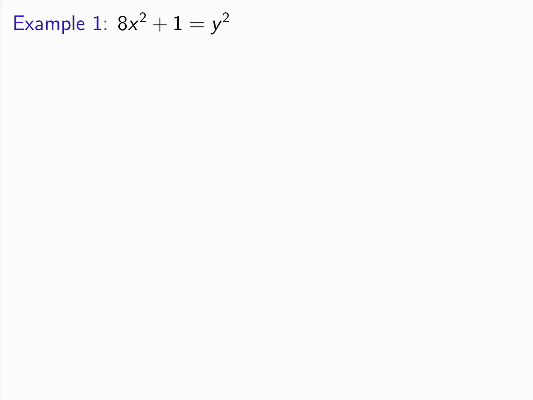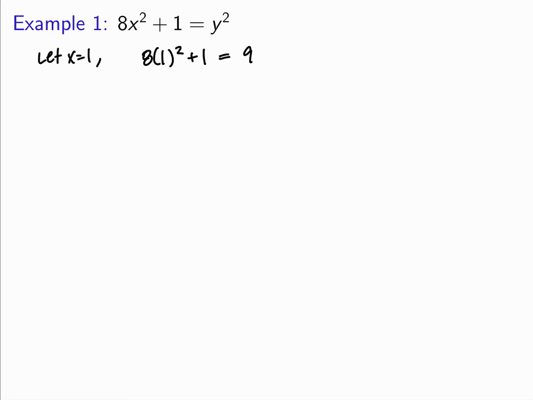All right, so let's start with this first one, 8x squared plus 1 equals y squared. This one, it's not too bad to just find a solution to start. If I let x equal 1, then we have 8 times 1 squared plus 1 equals, well, that's a 9, which is a perfect square, which is sort of what we want to happen, right?